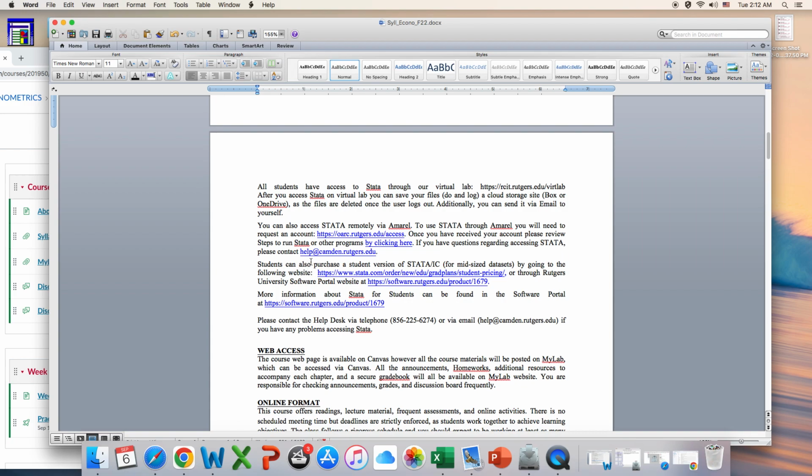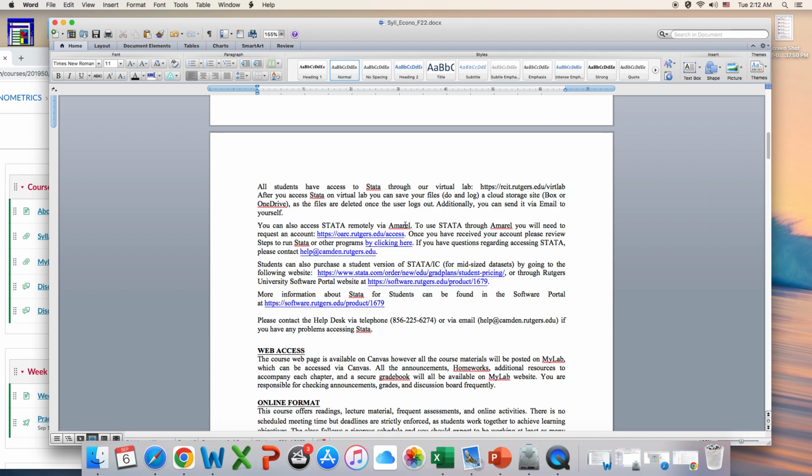This is optional, of course, but in case you want to buy it, you can go to this website and buy the mid-sized dataset version, which is called Stata IC. Again, this is optional. If you are on campus, you have it for free. If you are at home, away from campus, then you can still access Stata through Amaral, which is again free, but it's a little bit slow.